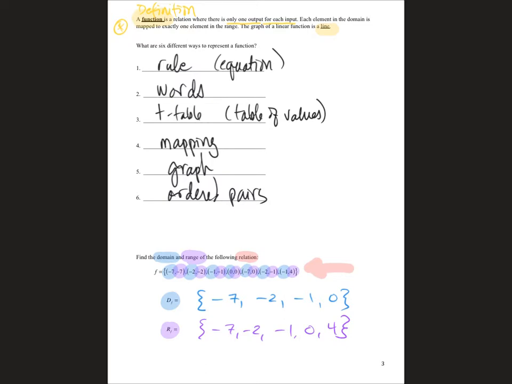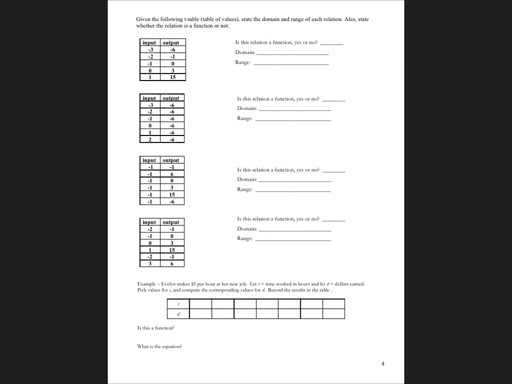Using the definition, no, it is not. Why not? Well, notice some of your inputs, for example, -7 has different outputs. -2 has different outputs. Every input has to have only one output for it to be a function.